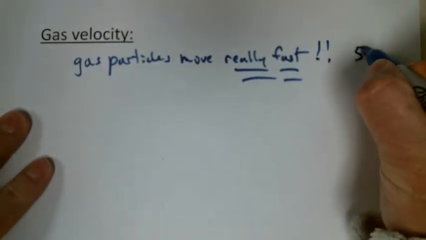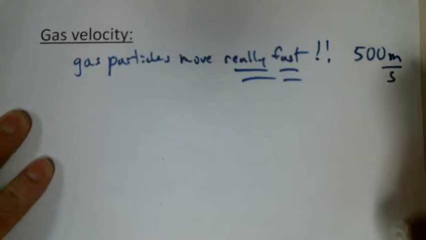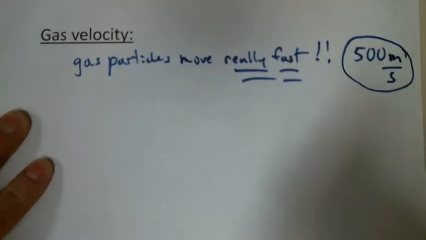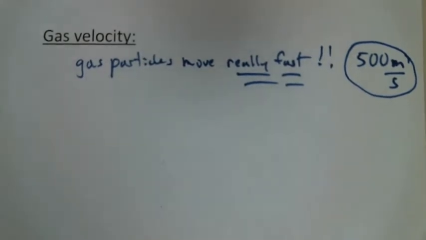But a decent number to think about would be 500 meters per second. So think about all the gas particles in the room with you right now, oxygen, nitrogen, zipping around at 500 meters per second, colliding, banging into your eyeball, face. Oh, I just felt one. Anyway, so that's really, really fast.